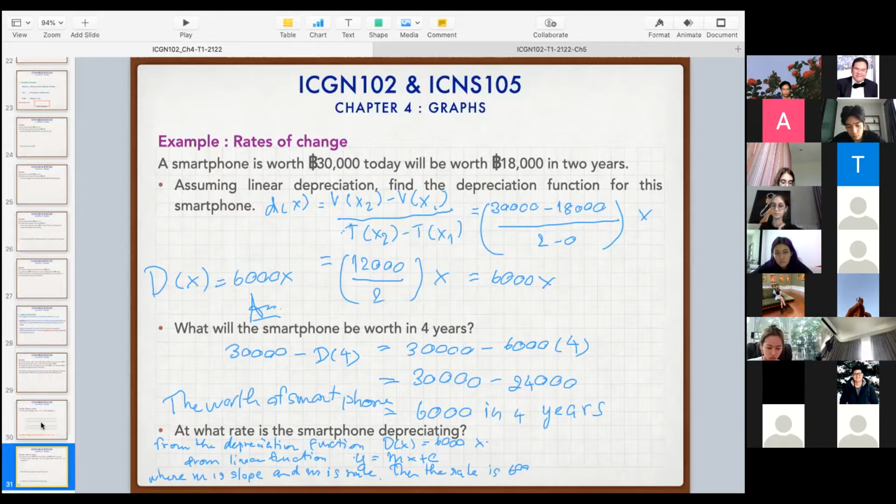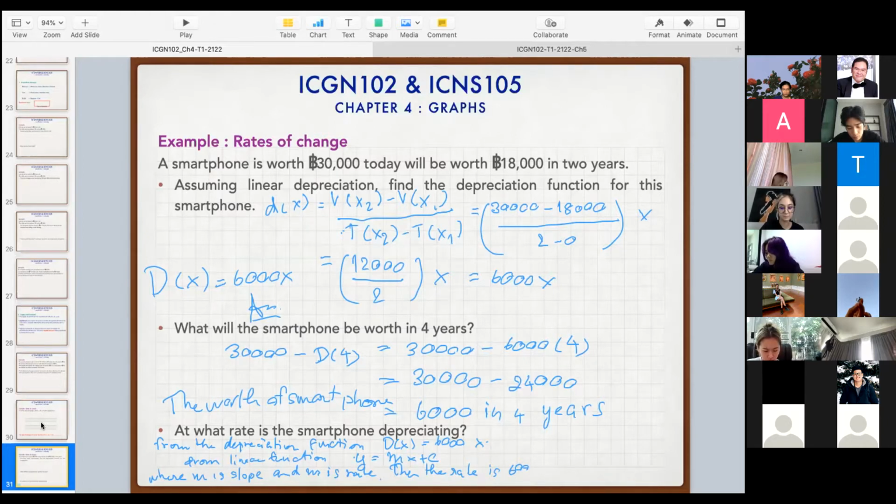For Max Paramat, you said 20% per year or 6,000 per year. This one is the rate in terms of business, but in terms of math, you just state the answer like 6,000. That is the rate. We don't have the unit of the rate here, so it's 6,000.